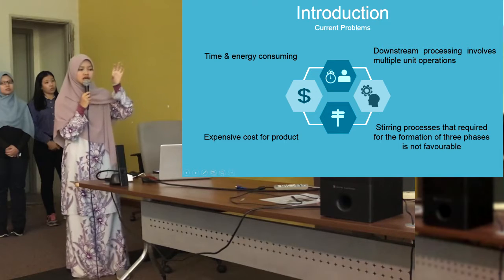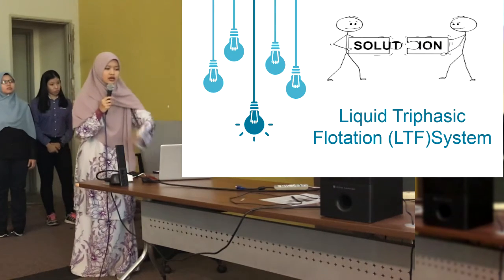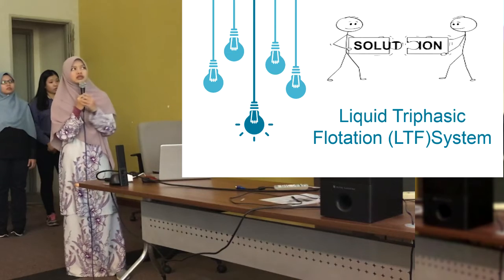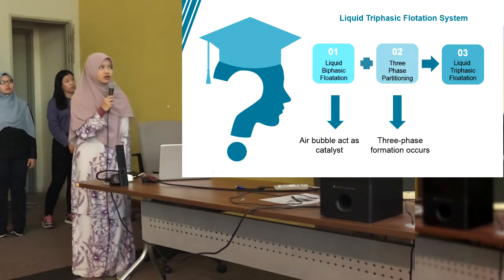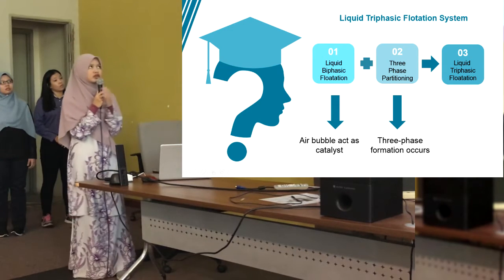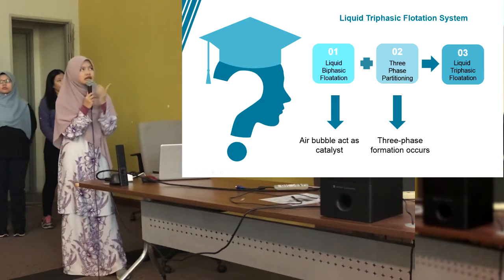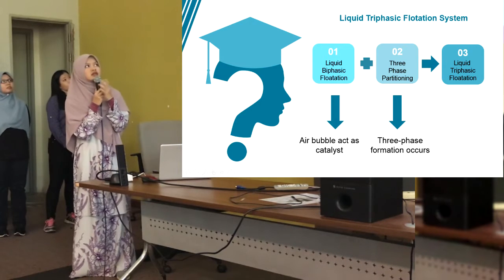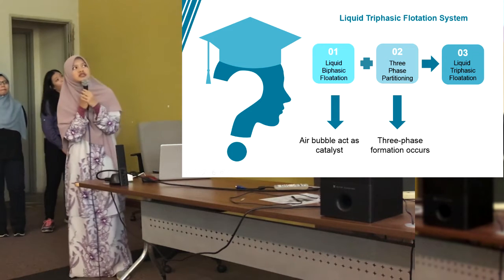By having these problems, the solution that comes out is the liquid triphasic flotation system (LTF). So what is LTF? LTF is the combination of two advanced techniques: the first one is liquid biphasic flotation, and the second one is three-phase partitioning, and then it becomes liquid triphasic flotation.